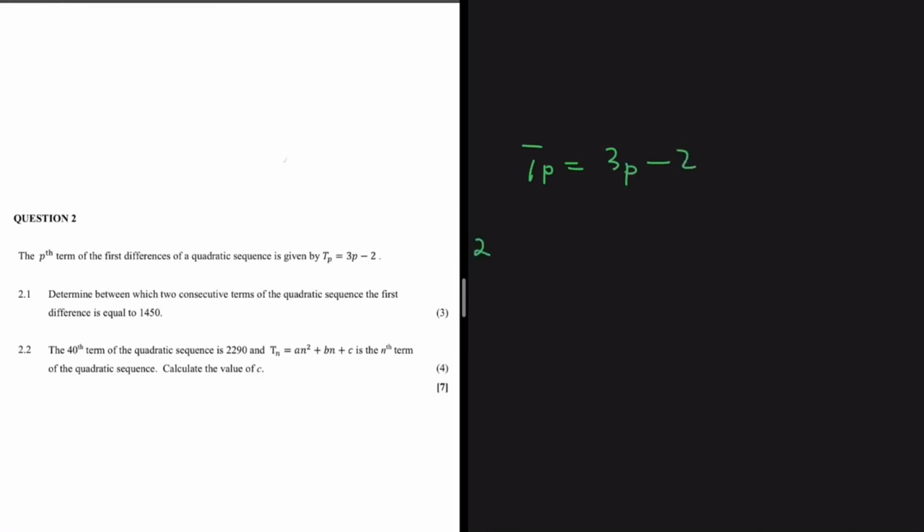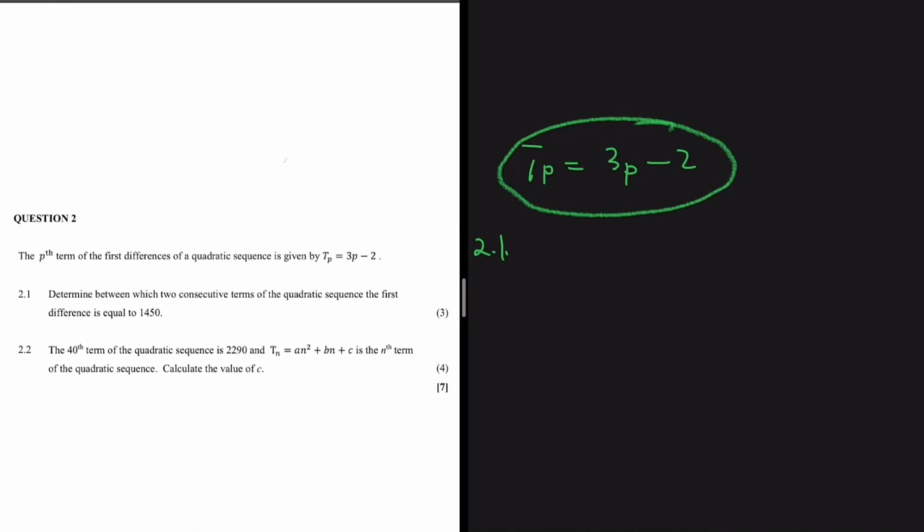And then 2.1 says, let's determine between which two consecutive terms of the quadratic sequence the first difference is equal to 1450. So this equation that we have here is not the equation of the quadratic sequence. It's the equation of the first difference of the quadratic sequence, right?